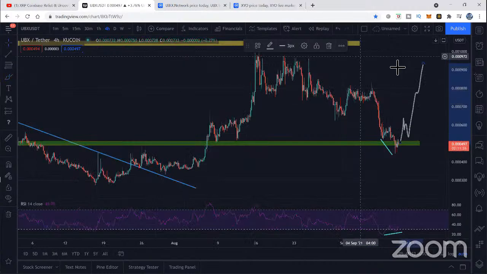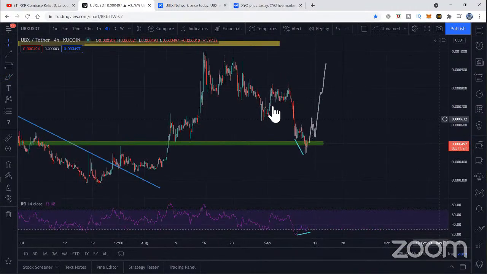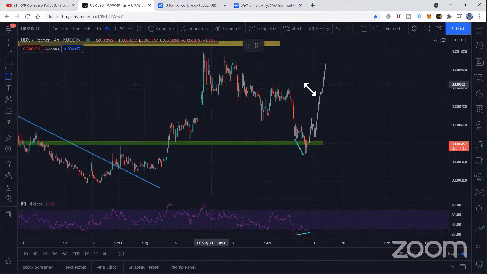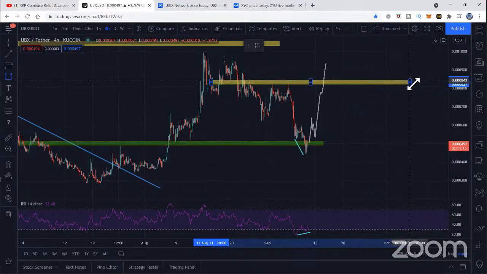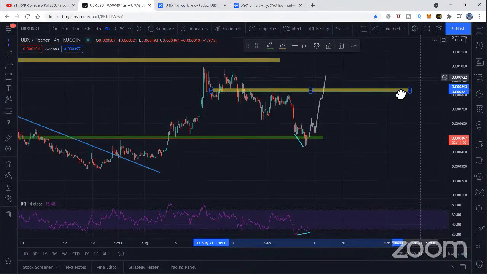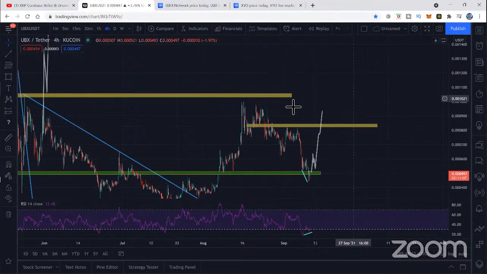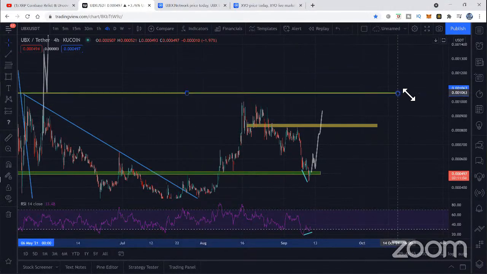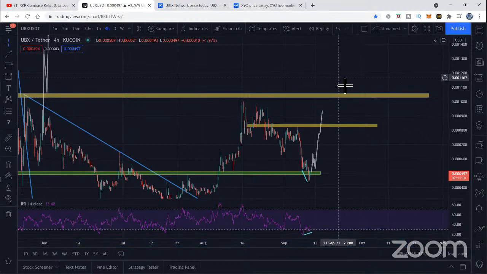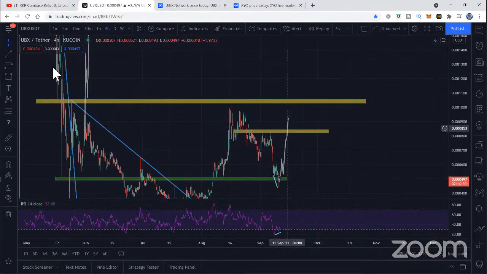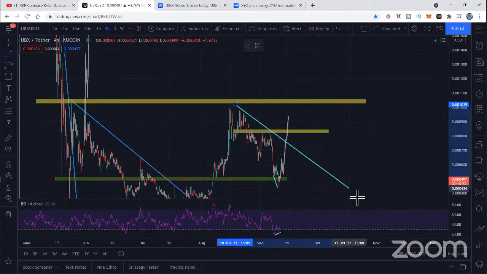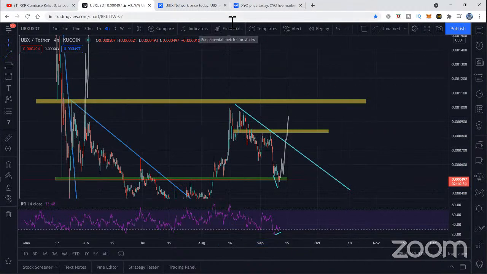Once we are able to break out of that 0008, we are gonna go back to that 001 and ultimately breaking that 001, we're on our way to a full penny. So keeping my eye on the price and just waiting patiently for it to play out just as UBX, I'm sorry, just as XYO has been playing out.